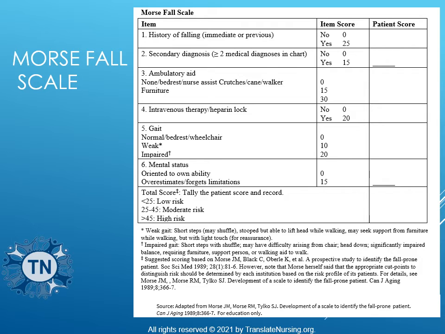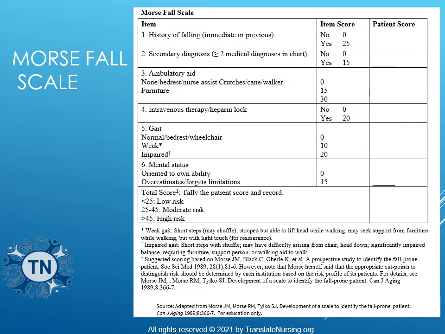Now here we see the Morse Fall Scale. It's composed of six different assessments. We're starting with the history of falling. The patient answers yes or no. Secondary diagnosis that can put them at risk is usually 0 for no and 15 for yes.